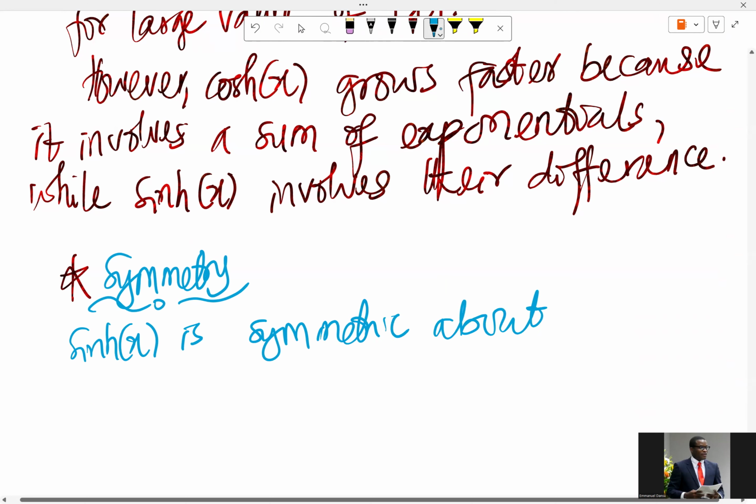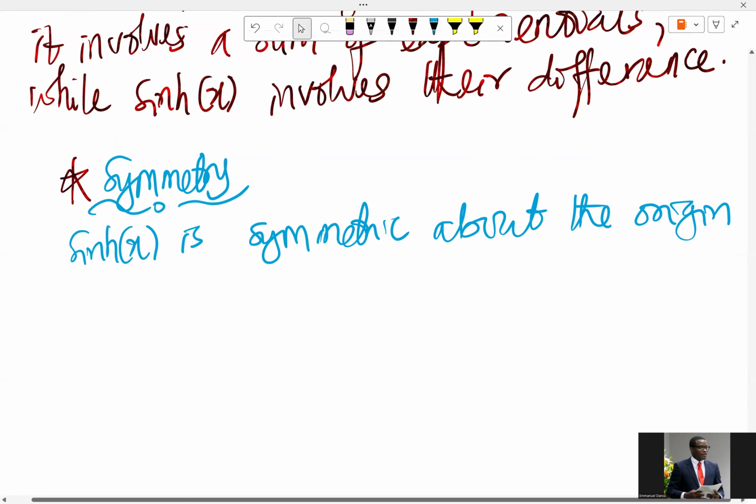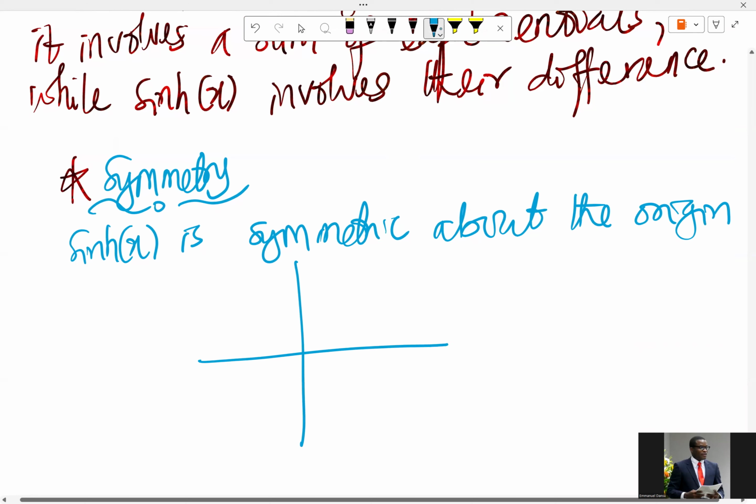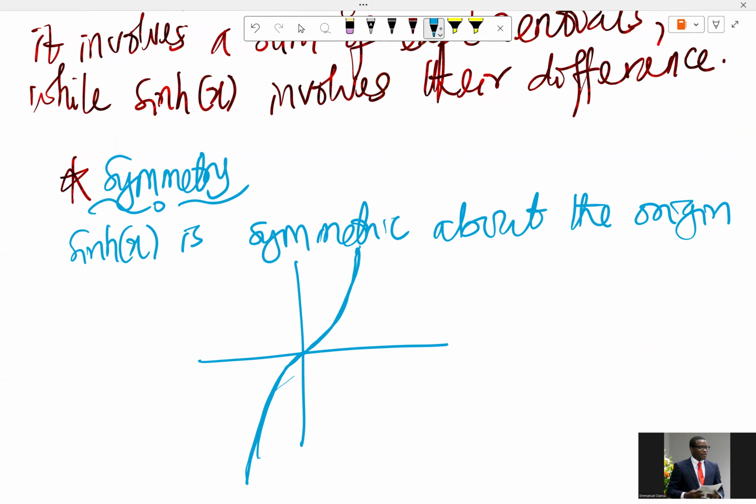This is what that simply means. You have the curve like this, right? You have this coming, and then it goes. So the shape here is the shape down here. That is what we mean by symmetry. So sinh x is symmetric about the origin.